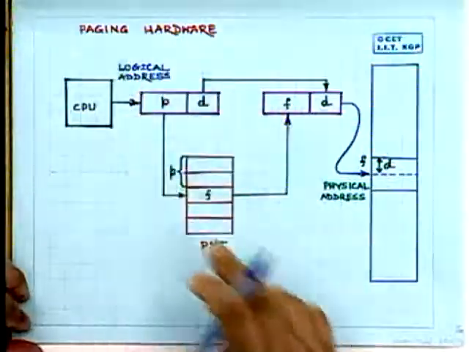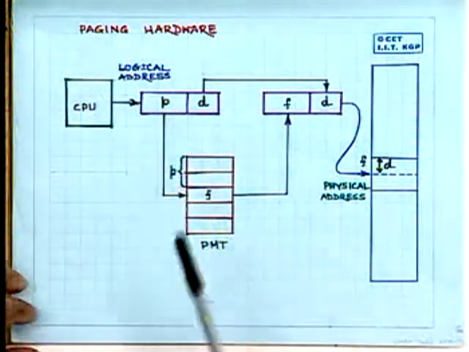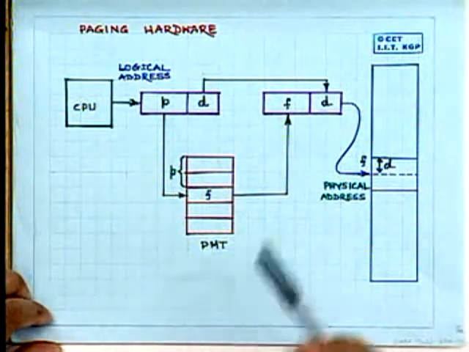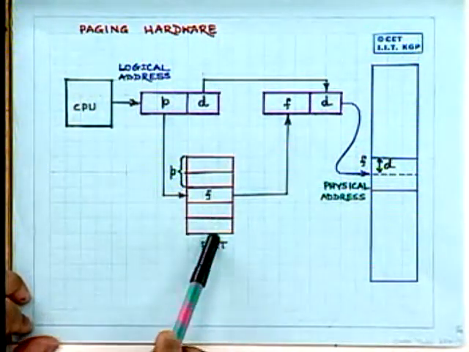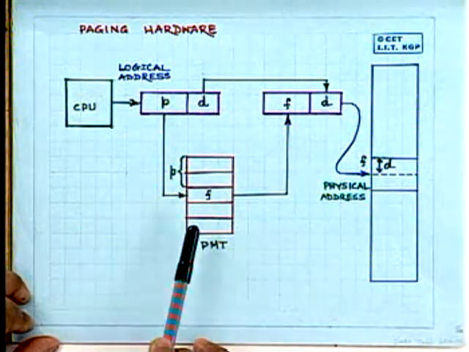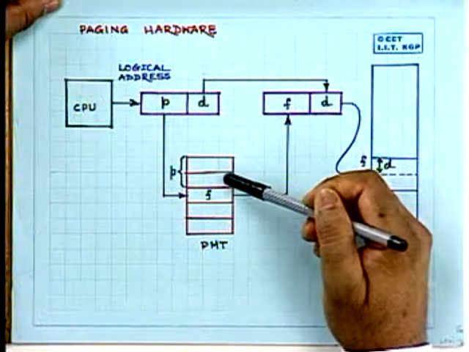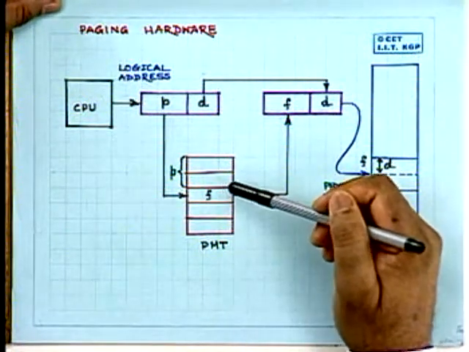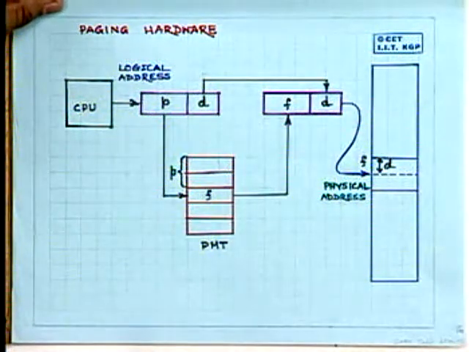Now let's come back to this paging hardware once more. One important thing I'd like to point out: this is a page map table. It has to be consulted every time a memory location needs to be accessed. Just remember, and this is very important, that this mapping is done at execution time.